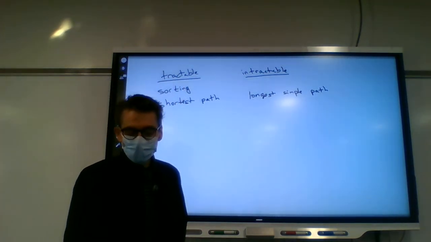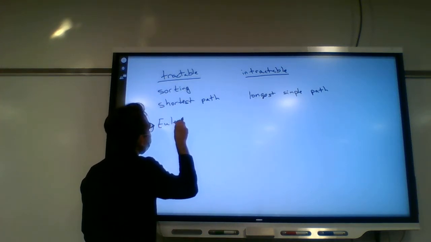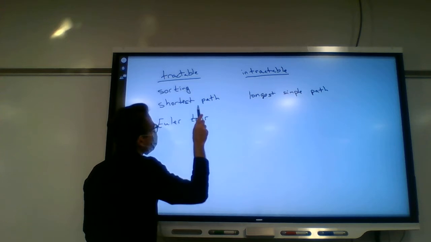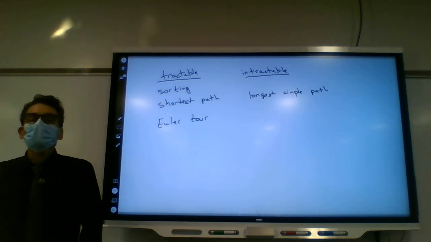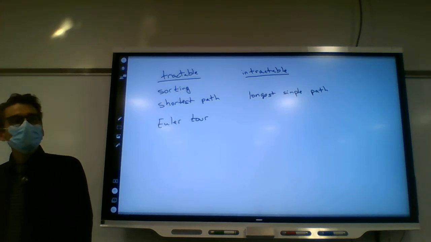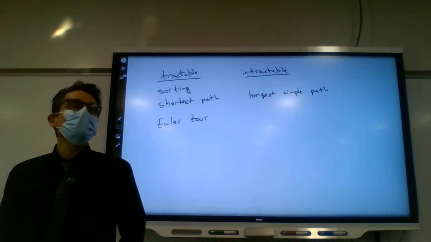Okay. We also talked about, when we were talking about the bridges problem, an Euler tour, where you want to use all of the edges exactly once, but you're allowed to revisit vertices. And we know how to check to see if there is an Euler tour.